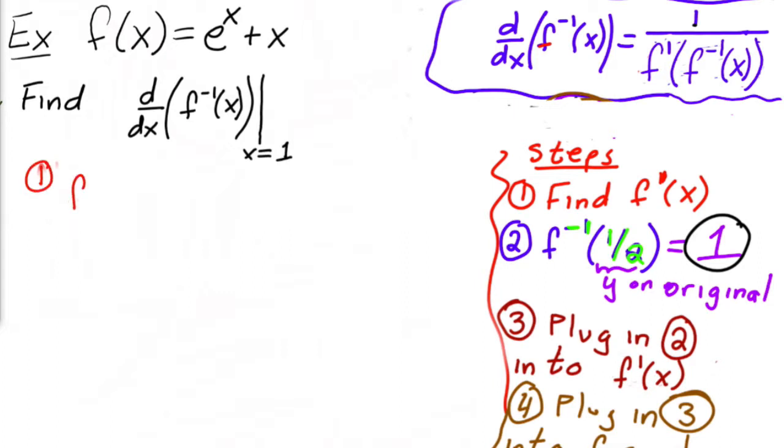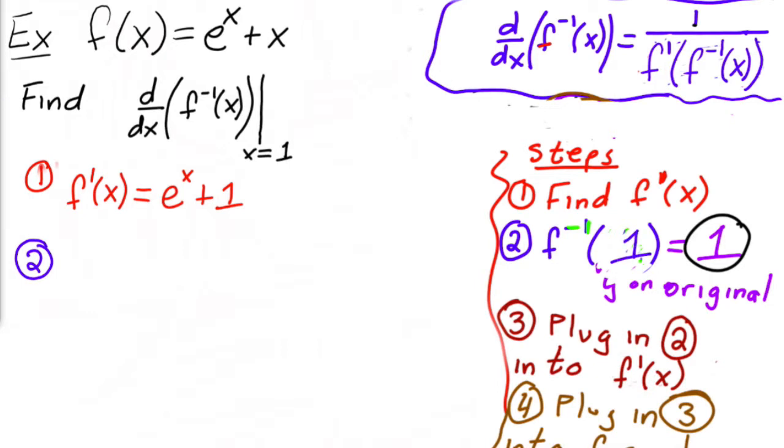Let's start off by finding f prime of x. So the derivative of this function is e to the x plus 1. Okay. Now the second step is find f inverse of, it's not really 1/2 this time. This time it's f inverse of 1.